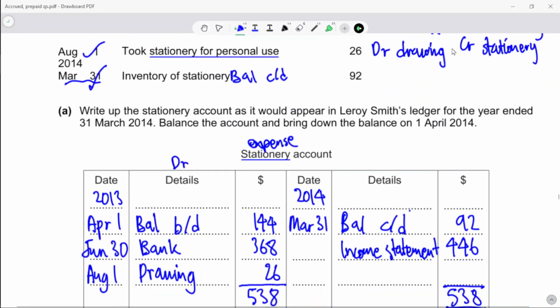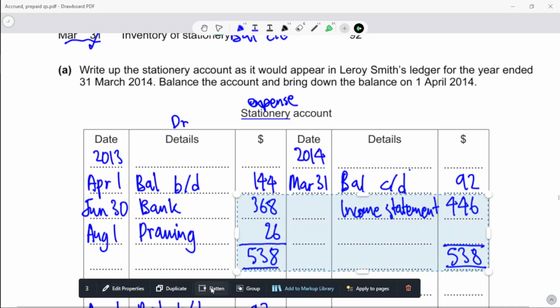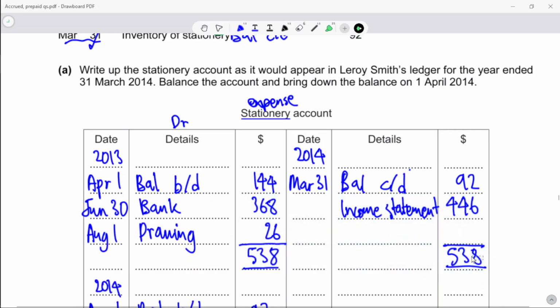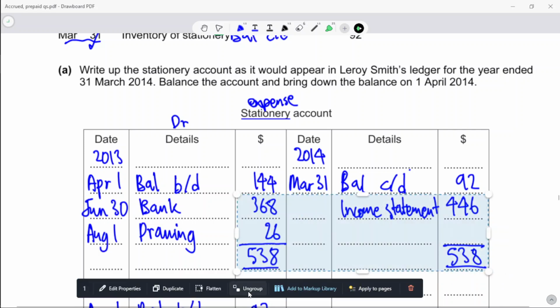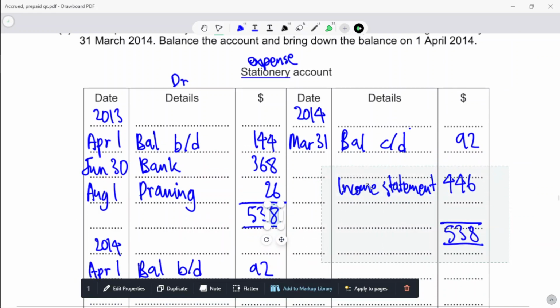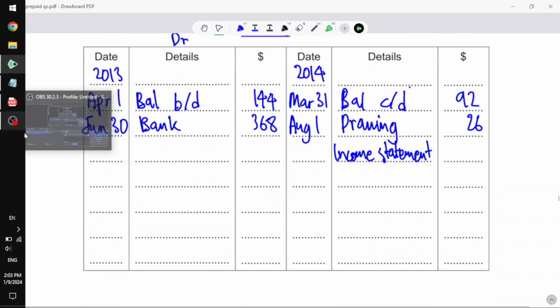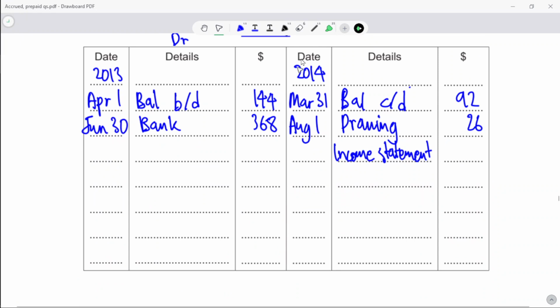Stationery credit drawing. Sorry, I made a mistake about the drawing.